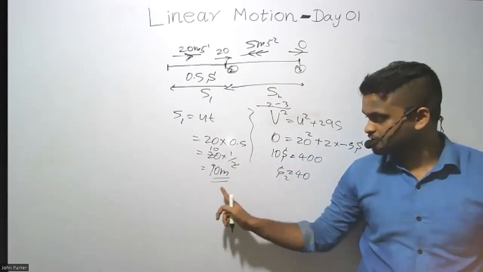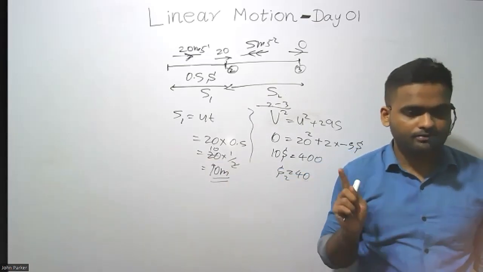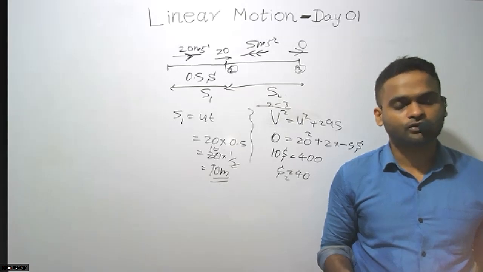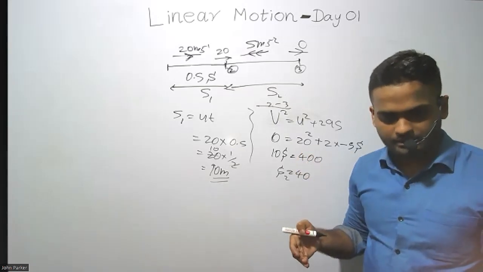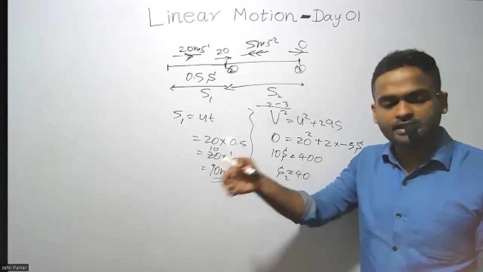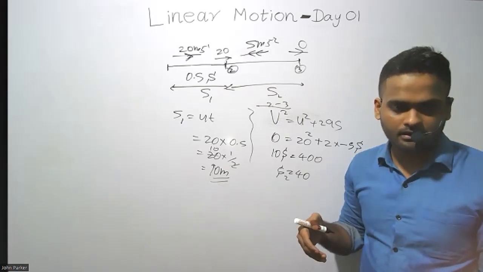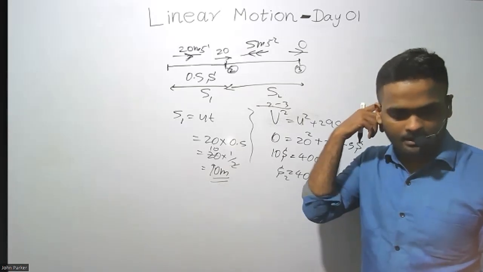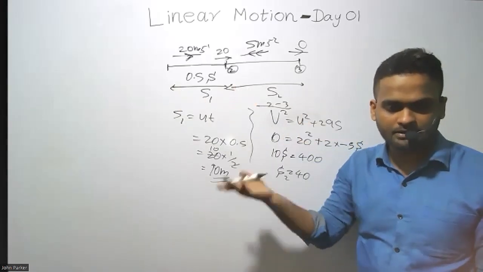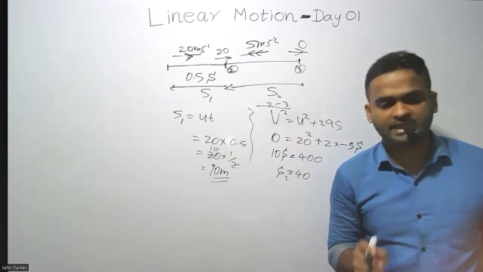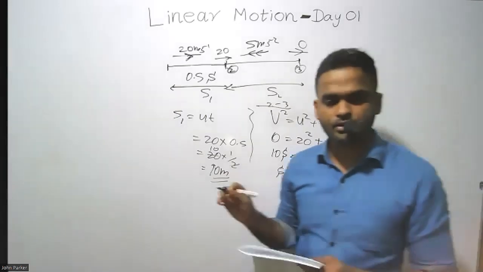So the answer should be 50, 10 plus 40. Within the reaction time, brakes are not applied. After the reaction time, brakes are applied. But still he is moving towards the barrier within the reaction time as well. So that's about reaction time. That is an important concept you have to understand.